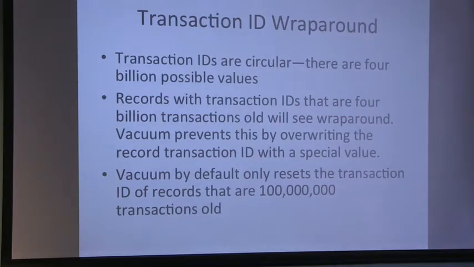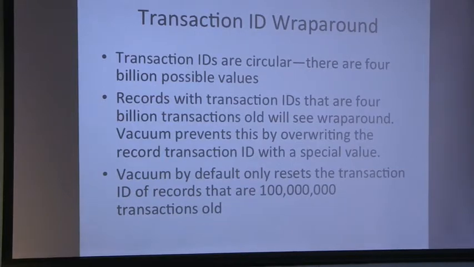But in Postgres and Greenplum, you're limited to 4 billion. What that means is that every 4 billion transactions, you're going to see wraparound. After 4 billion transactions, records with transaction IDs that are more than 4 billion transactions old are going to look to the database like they're from a transaction in the future rather than one in the past.